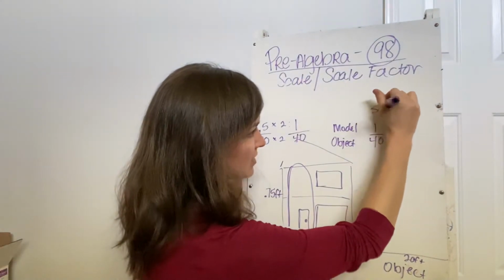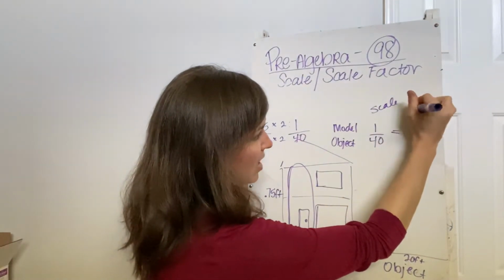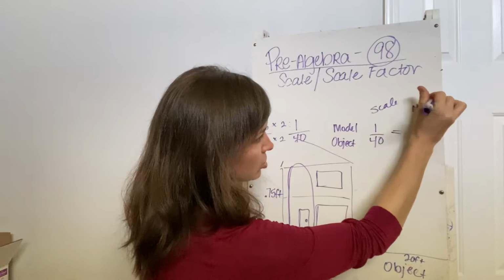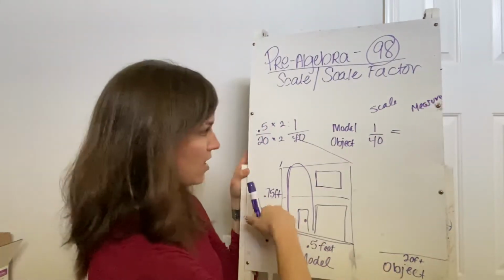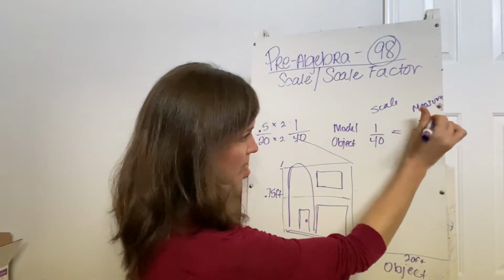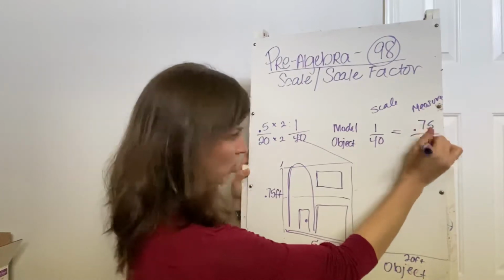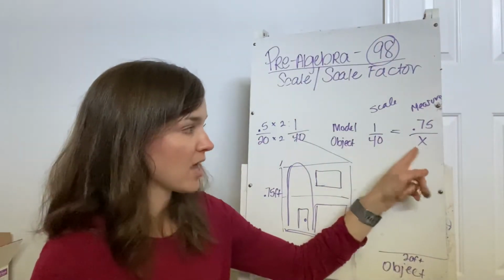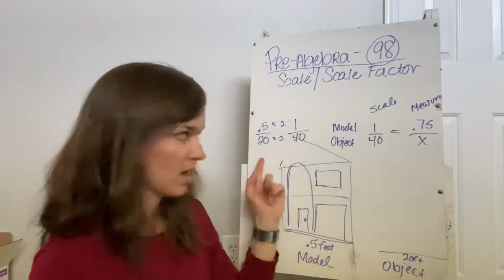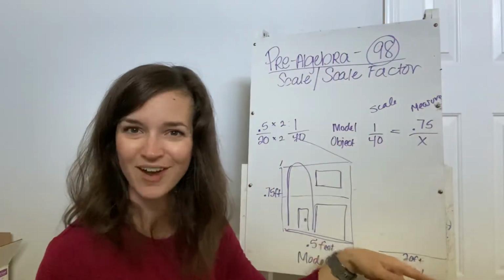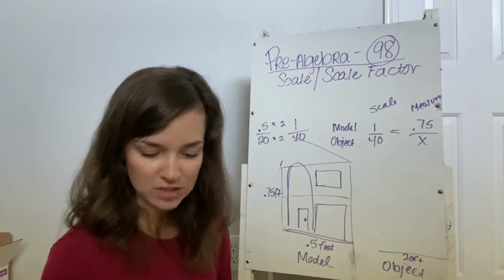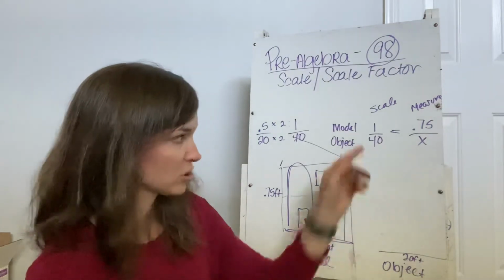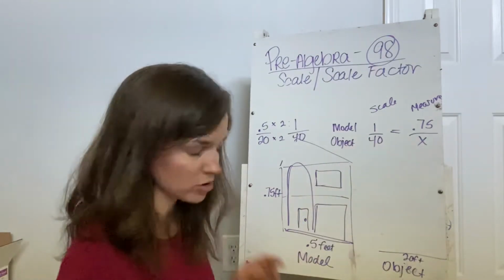So this would be my scale measure, and this would be my actual measure. I've got an actual model measurement of 0.75 here over my unknown object. So then to find my actual height, I could just cross multiply. We're just setting up proportions here, and we're going to use a little table just like this to do that. So let's look at some other examples.